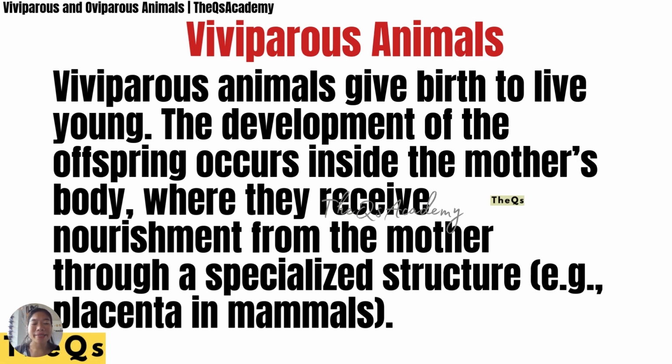Viviparous animals are animals that give birth to live young animals. The development of the offspring occurs inside the mother's body, where they receive nourishment from the mother through a specialized structure.